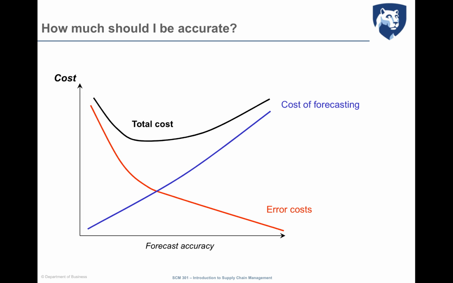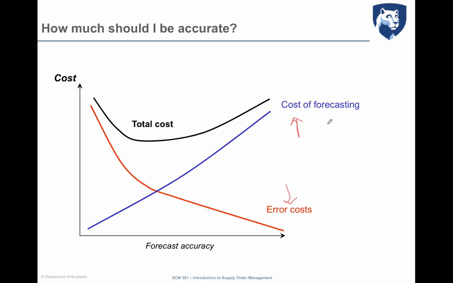So you want to have no bias and no inaccuracy, but this also means building a complex model. If you want to increase your forecast accuracy and so decrease your error cost, the possibility of giving a number which is different from reality, you will also incur higher cost of forecasting.